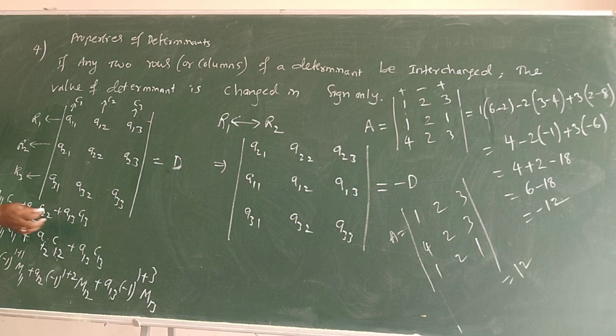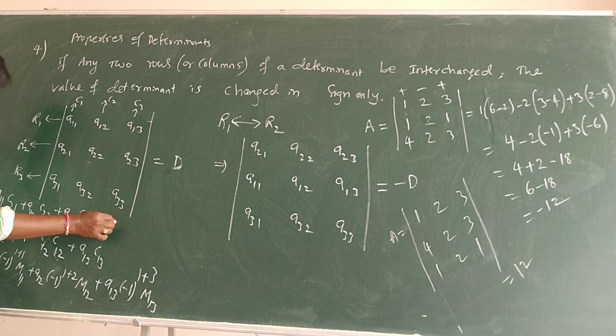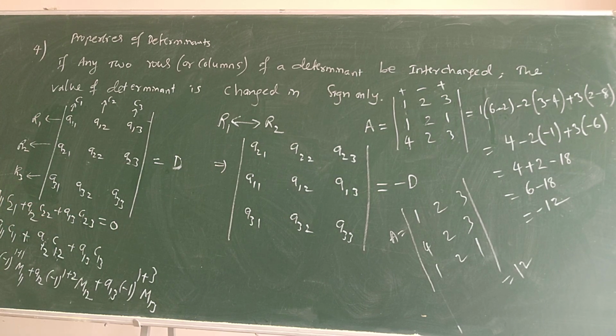If you multiply with the same cofactors, you get the determinant. But if you multiply different cofactors, of any row or any column, you are going to get the answer 0. So no need to calculate that. So this is one short point I missed out in the last lecture.